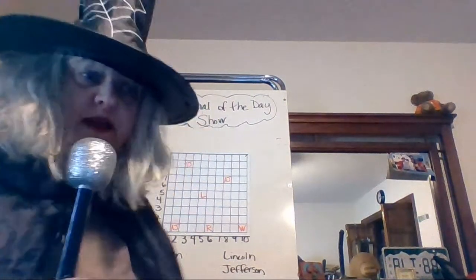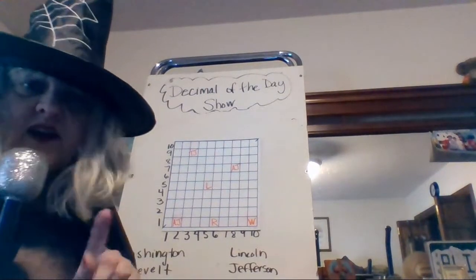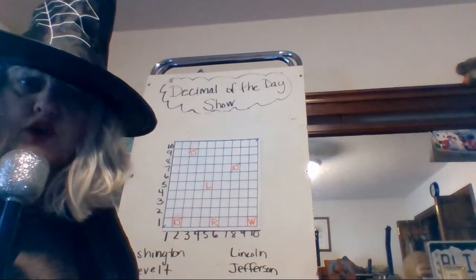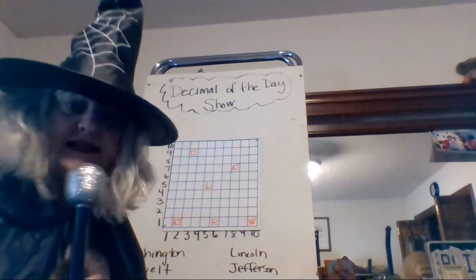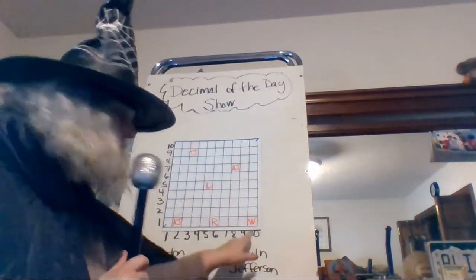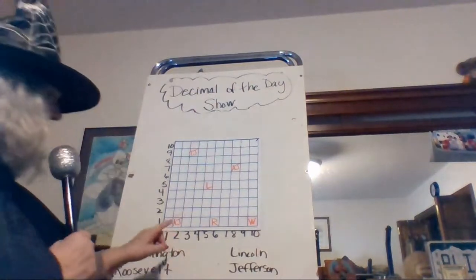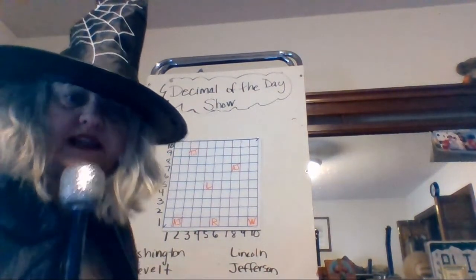Today we're going to talk about some coordinate grids. I understand that there are children out there in the schools. And I know that there's a Washington school that's here on my map with a W. There's also a Roosevelt. That's where Mrs. Salyer teaches.